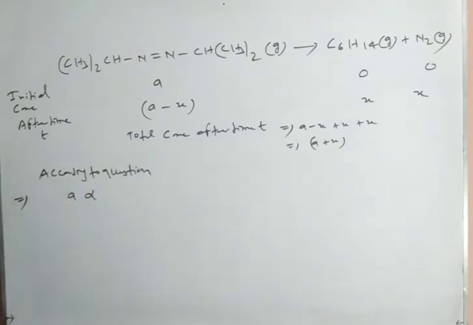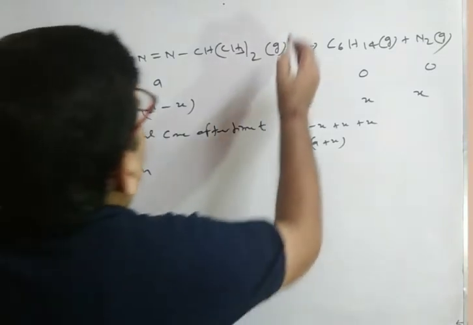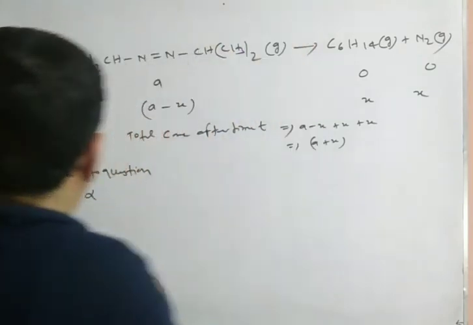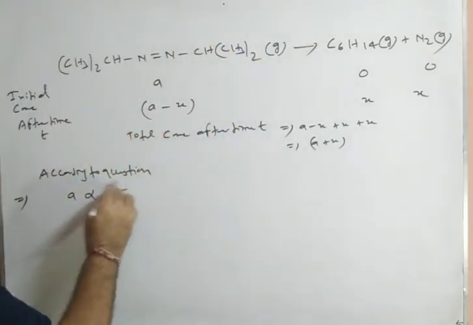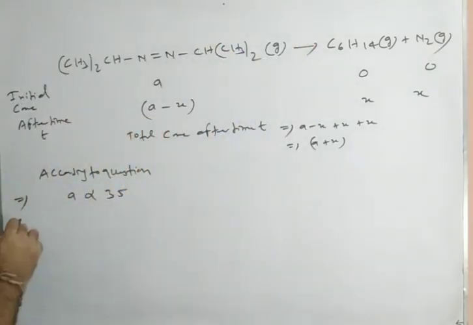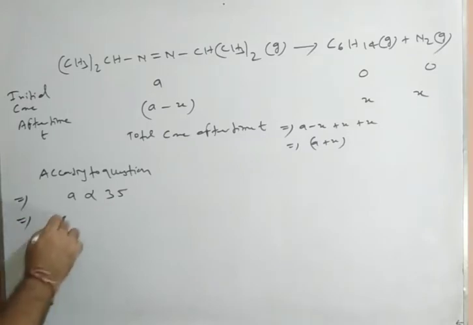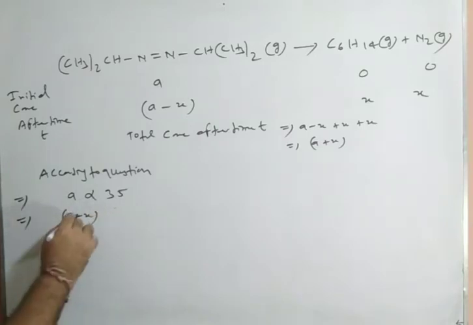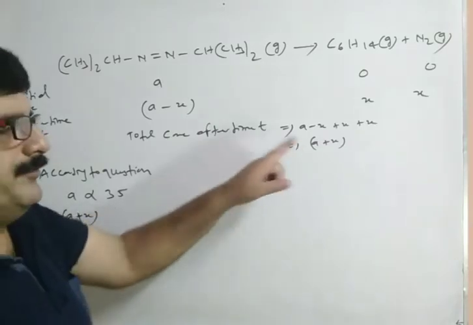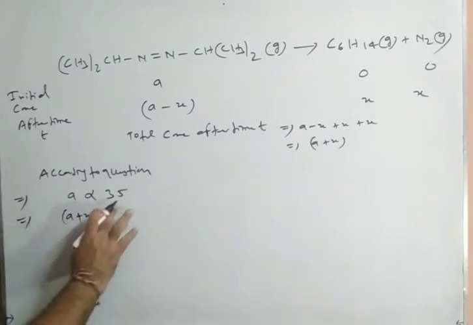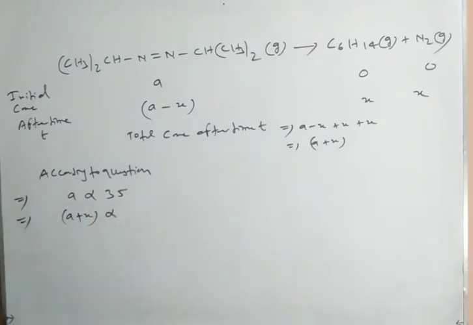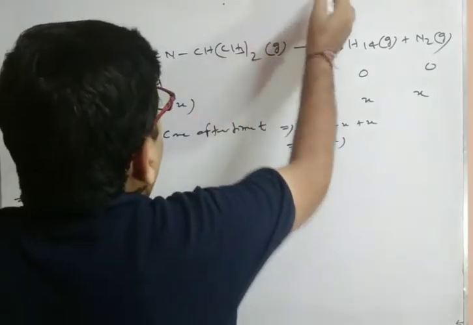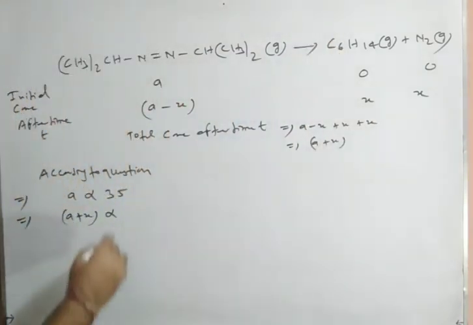a is proportional to our initial pressure, 35. a minus x proportional, a plus x, that is said to be total pressure. a plus x is proportional to what? 54, because total pressure is given.